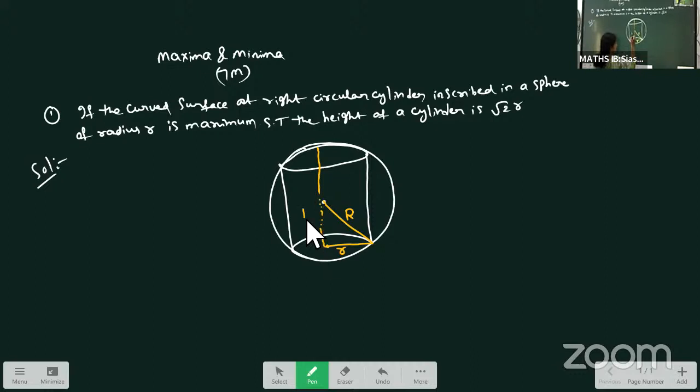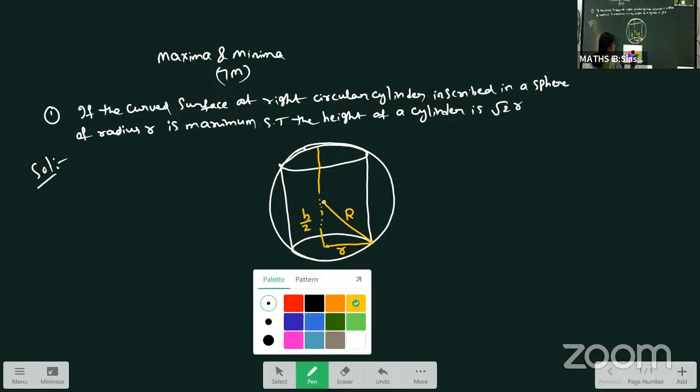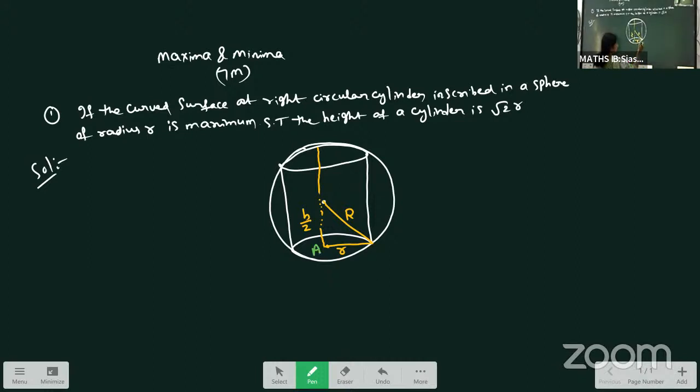So this becomes h/2. So name them: this is A, this is B, and the center is always O. Here R is the radius of the sphere and h is the height of the cylinder.